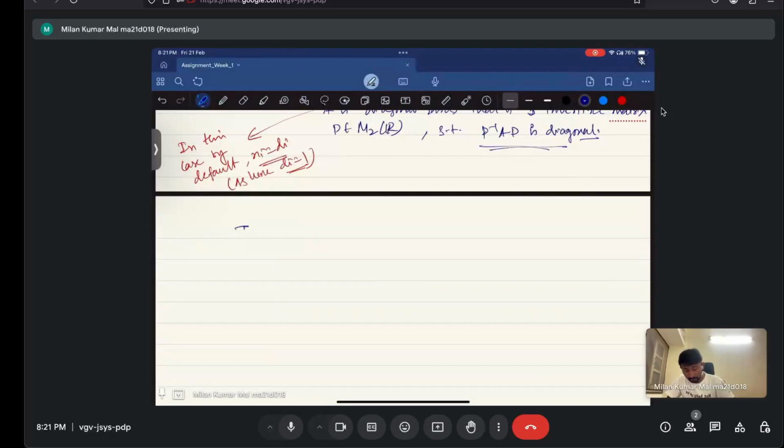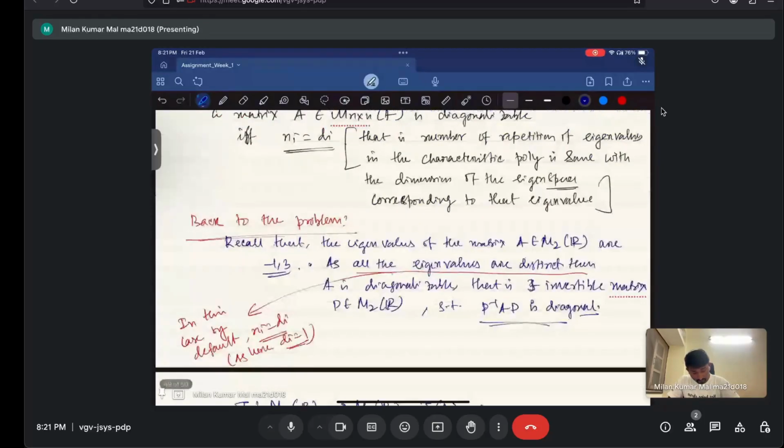Now let T be a linear operator from the space of all matrices of order 2 by 2, defined by T of B equals AB. Sorry, I was writing something wrong.